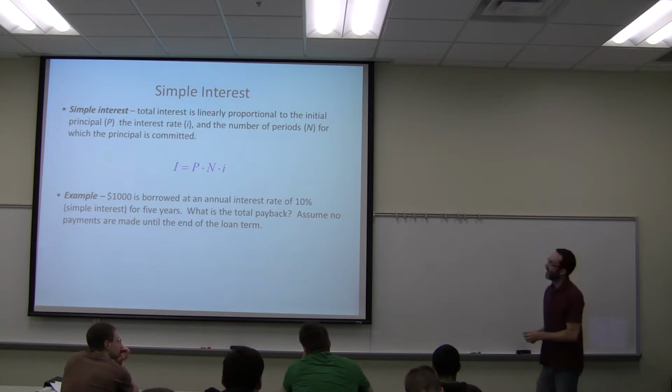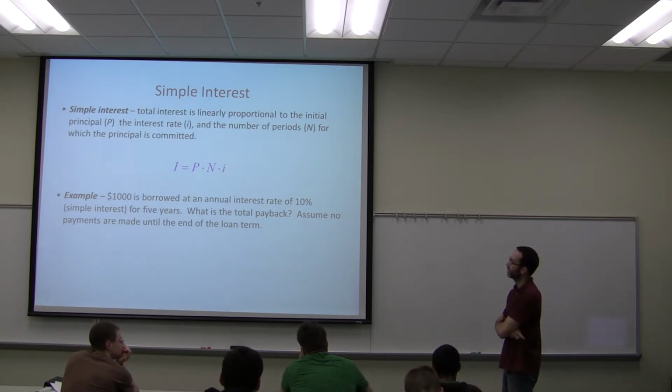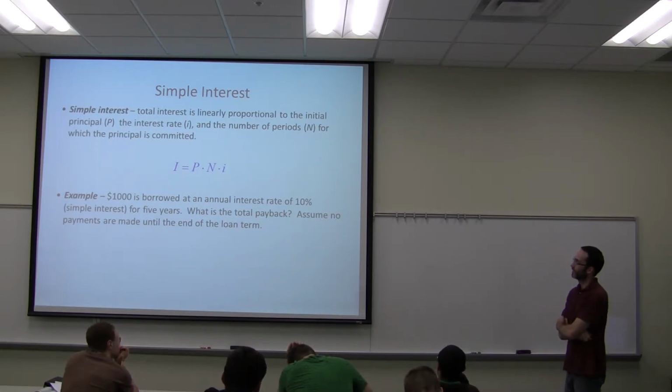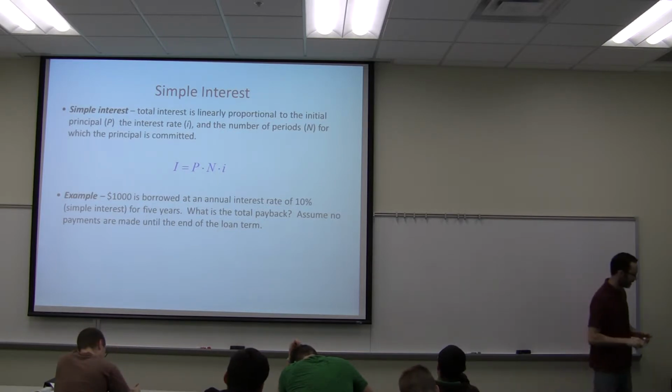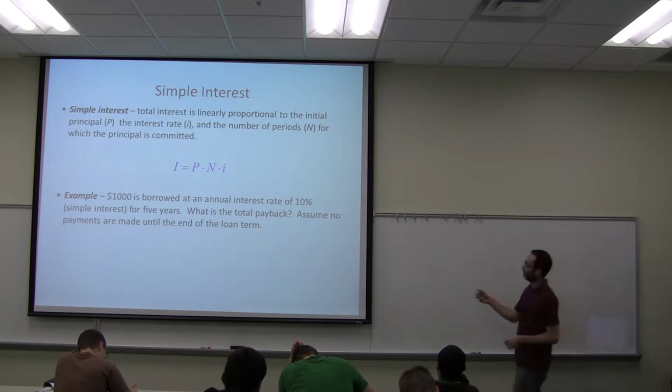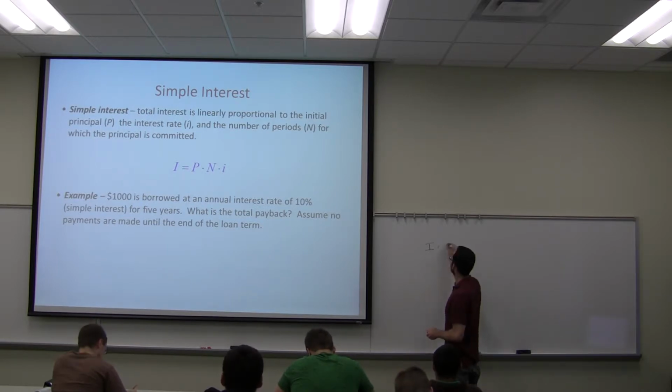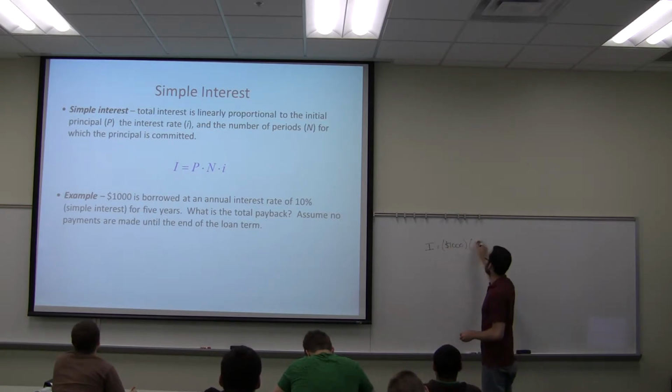So let's consider what would happen if $1,000 is borrowed at 10% annual interest rate for 5 years. What's the total payback? No payments are made till the end of the loan term. So the interest that is going to be paid is the principal, 1,000, times the number of payments, 5, and then the 10%, 0.10.